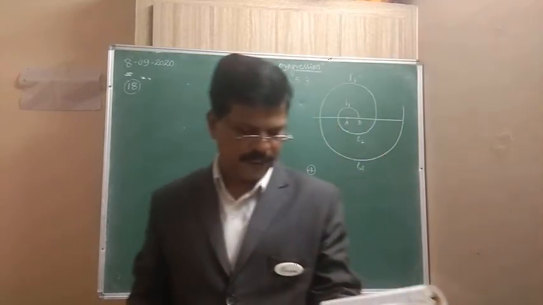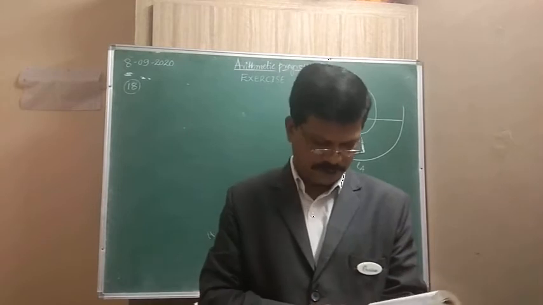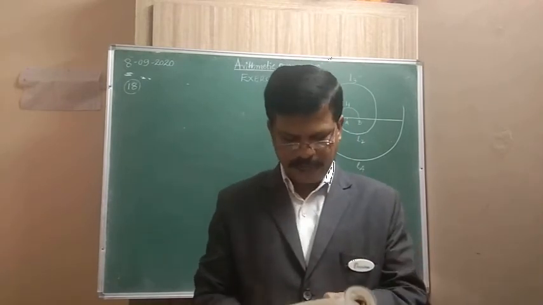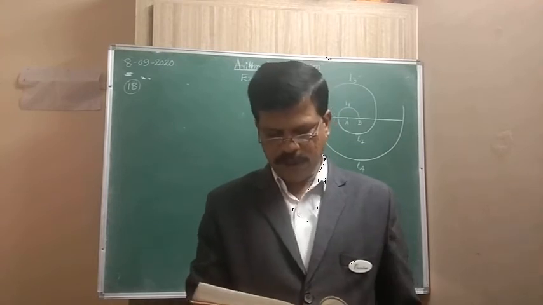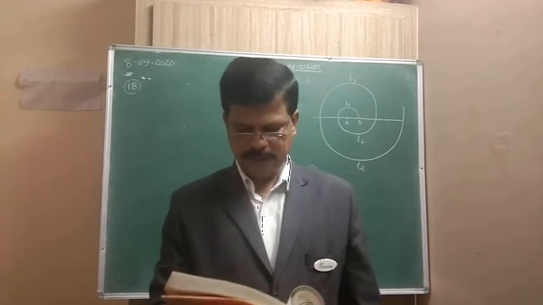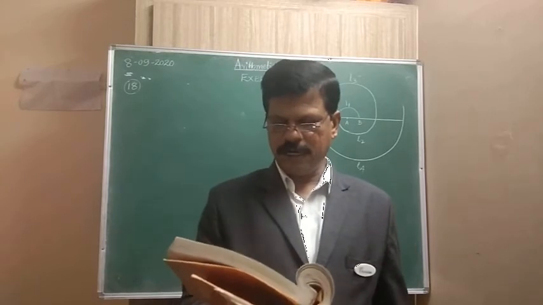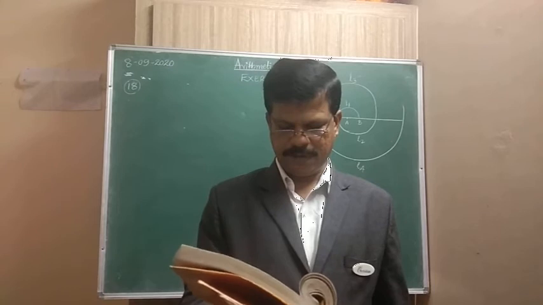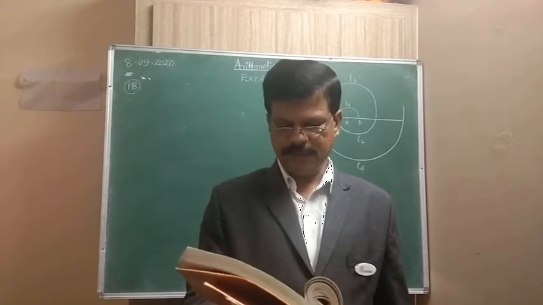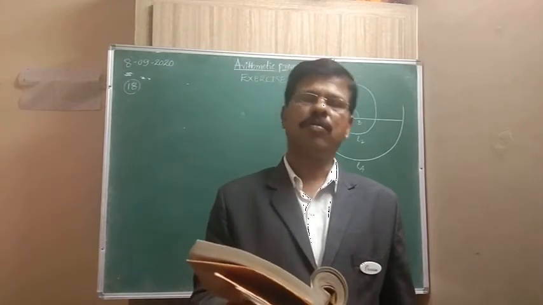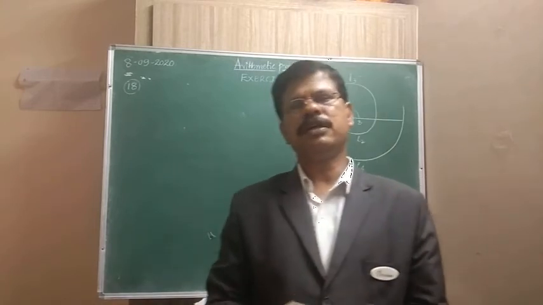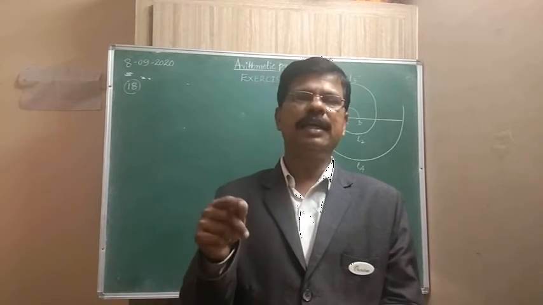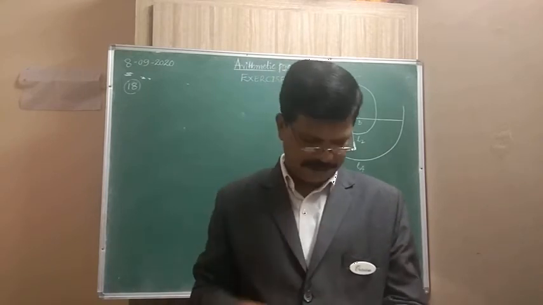See, read the question again twice or thrice. Analyze that. A spiral is made up of successive semicircles with centers alternately at A and B, starting with center A of radii 0.5 centimeter, 1 centimeter, 1.5 centimeter, 2 centimeter, etc. That means each semicircle radius is increased by 0.5 centimeter.